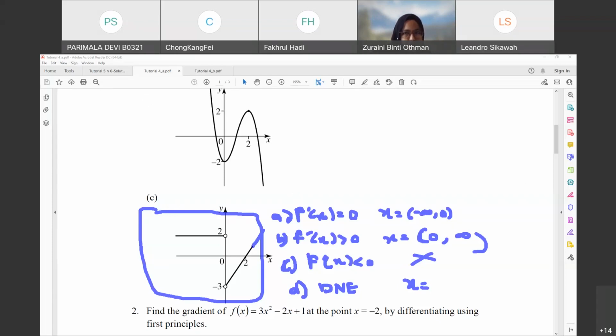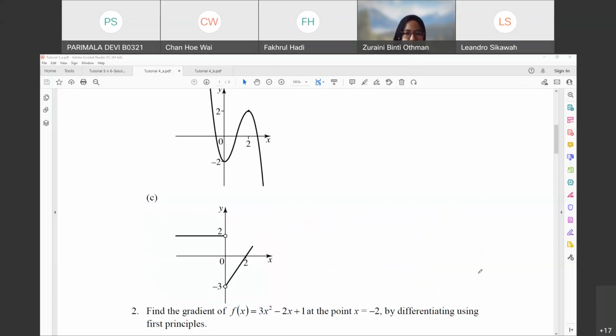X sama juga dengan berapa? X equal to 0. X is equal to 0 because when X is equal to 0, you can see that there is no point in plot in this graph when X is equal to 0. Okay, finish with number 1.